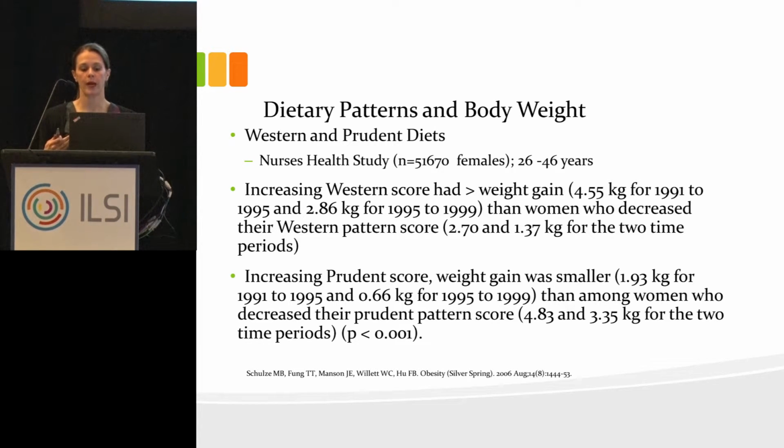Similarly, for the prudent pattern, women who maintained high prudent scores were more likely to maintain their weight over time. So this is very complex when we're looking at things like cardiovascular disease and diabetes that we know are very collinear with weight status. We have to make sure that we're attributing them not only to the patterns, but how patterns might exert their effect on weight status.